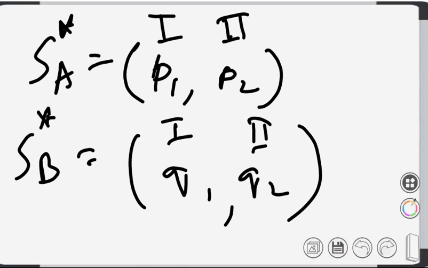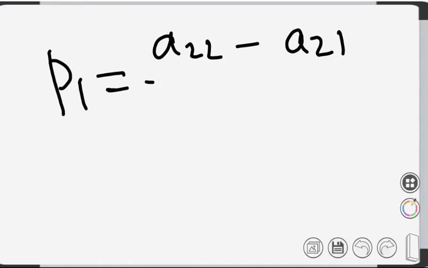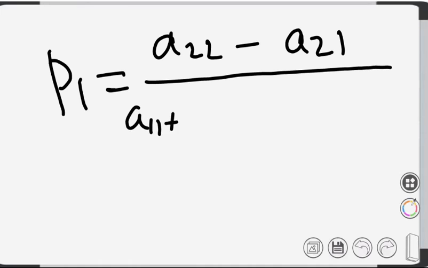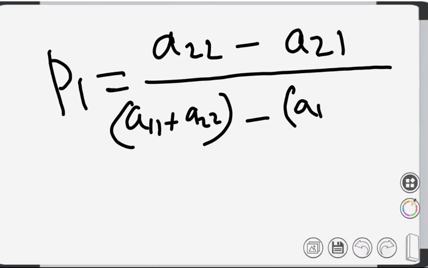Please write this particular statement. The value of P1 is obtained by the formula P1 is equal to A22 minus A21, divided by A11 plus A22 minus A12 plus A21.